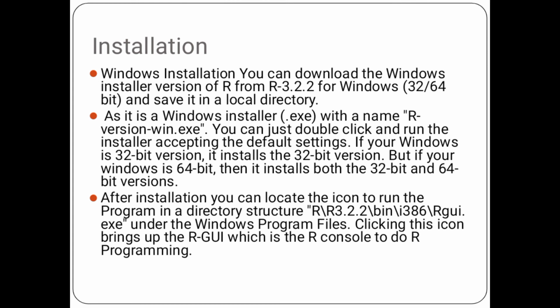As it is a Windows installer, an .exe extension will be given, named R version Win.exe. You can just double click and run the installer, accepting the default settings.